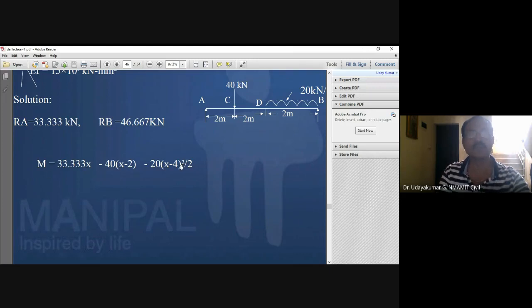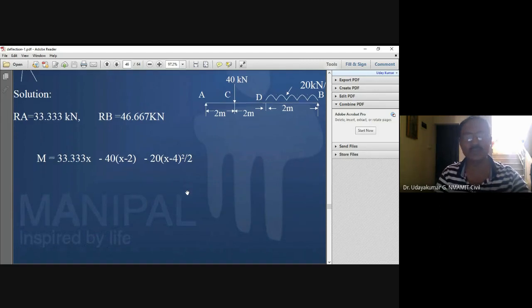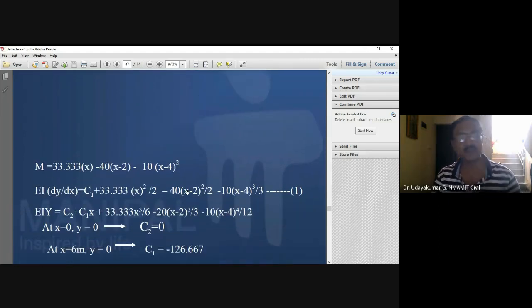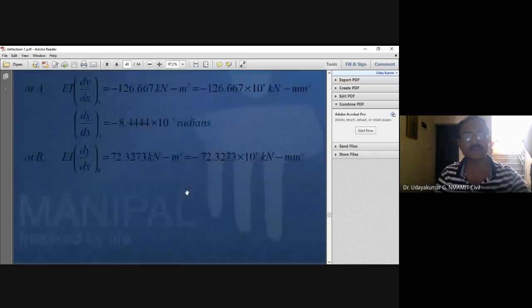So EI d squared y by dx squared is equal to 33.33 acting upward causing positive moment into x, minus 40 into x minus 2, and minus 20 into x minus 4 into x minus 4 by 2, which is the portion up to the section. That is the bending moment equation. So proceed like the previous problems.